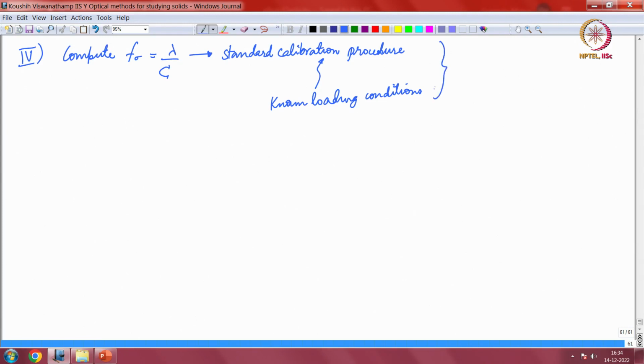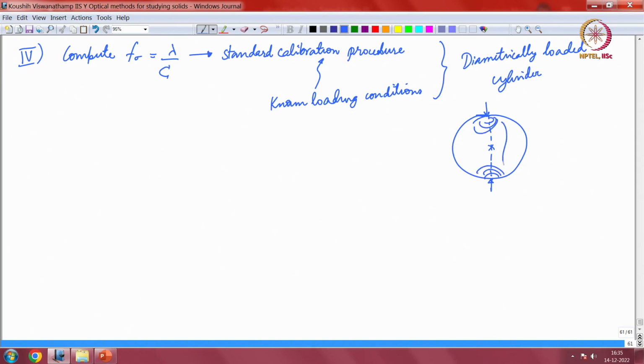And a standard example for this, you probably have seen this multiple times. If you just Google photoelasticity, fringes, etc., you will see this calibration case come up. This is for a diametrically loaded cylinder, a cylindrical sample or a circular sample. You load approximately a point load at either end of a diameter, and then you will get fringes like this.